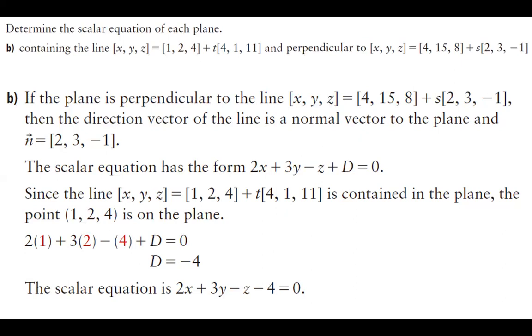So if a point is on that line, that point is also on that plane, right? So we can substitute these coordinates into the equation. And that gives us the value for d is -4. Therefore, we know the scalar equation of that plane is 2x plus 3y minus z minus 4 equals 0.